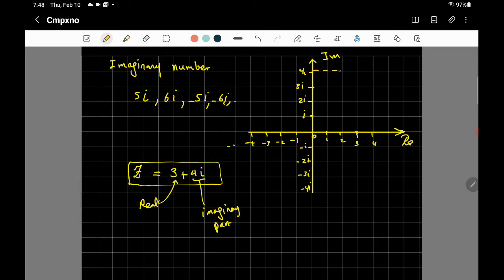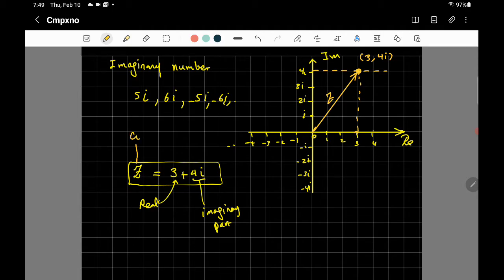So if you make broken line at 4i and broken line at 3, that's the point. And if you connect the origin by the point, so this is the point 3, 4i, and that will represent the complex number.